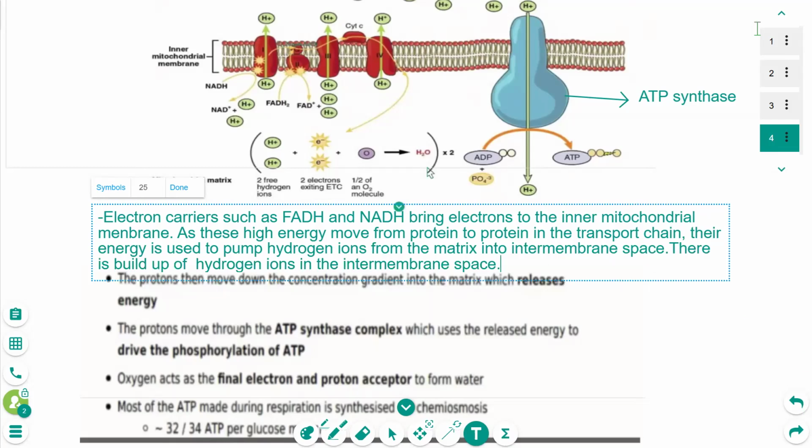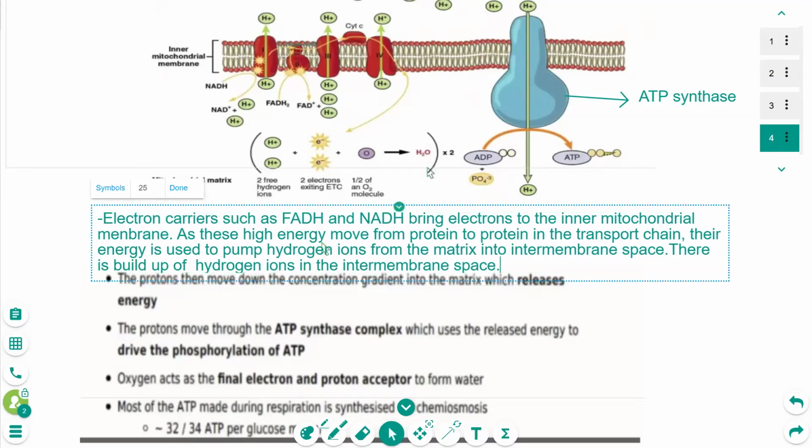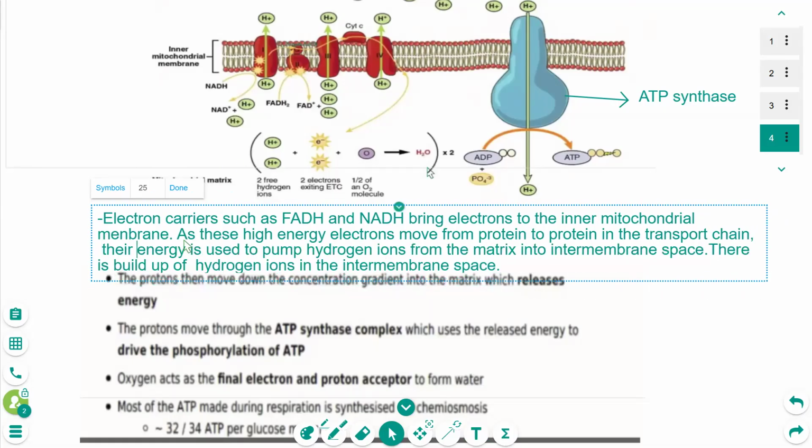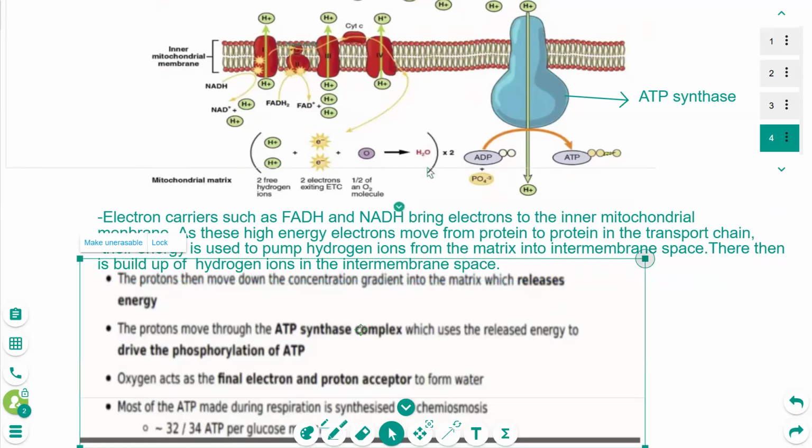Electron carriers such as FADH and NADH bring electrons to the inner mitochondrial membrane. As these high energy electrons move from protein to protein in the transport chain, their energy is used to pump hydrogen ions from the matrix into the intermembrane space. There is then a buildup of hydrogen ions in the intermembrane space.